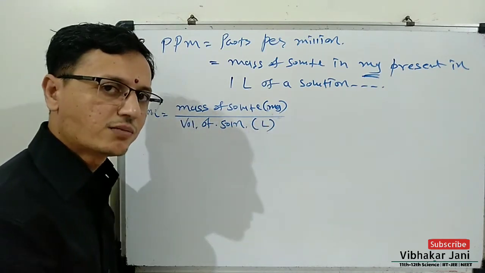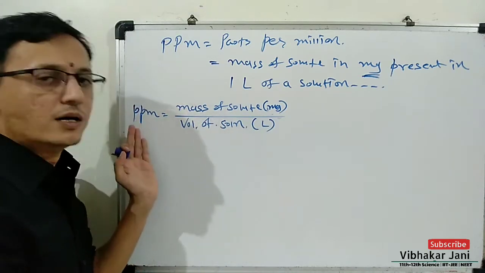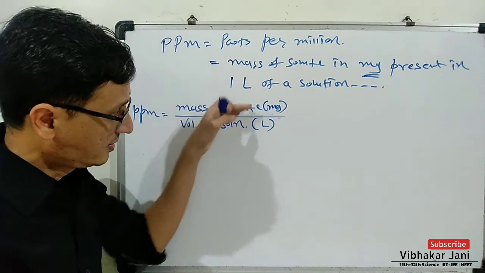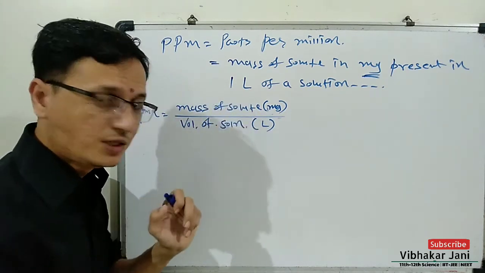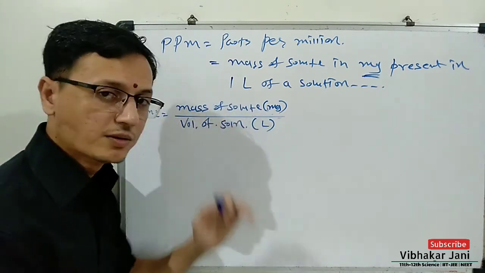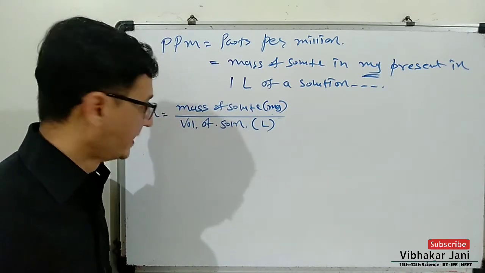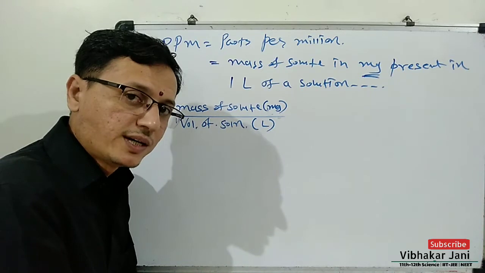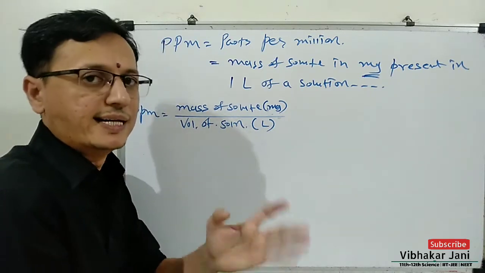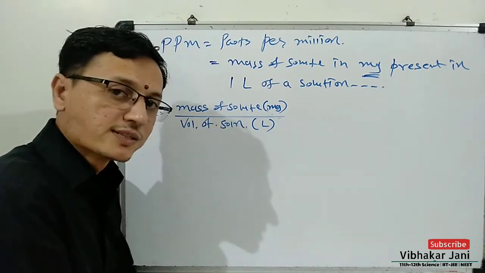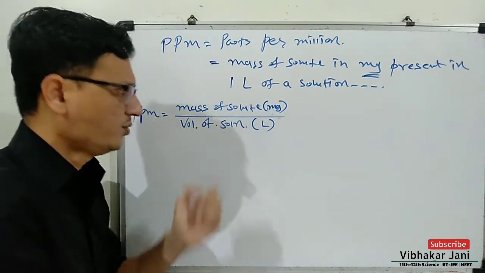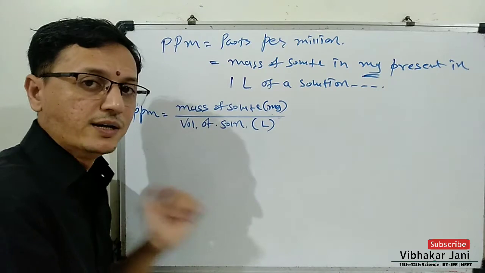Milligram per liter will be the unit for ppm. Now let us convert these quantities: mass will be converted into gram and volume into milliliter, because in our laboratory mass is mostly measured in gram and volume is always measured in milliliter. So we will convert it into our familiar units.